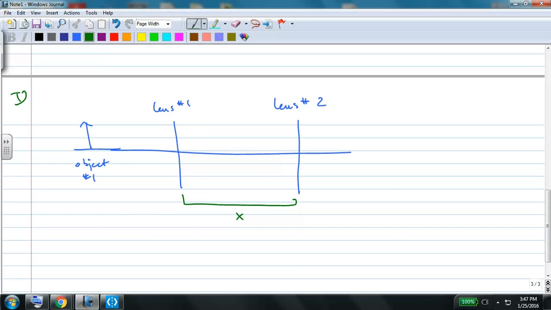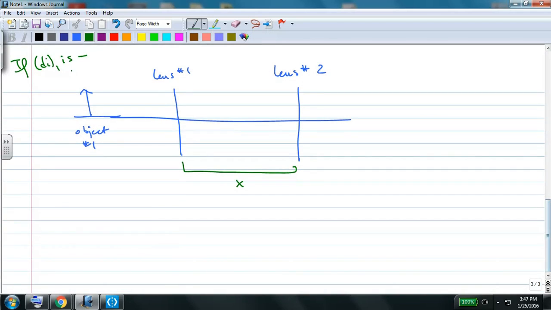So I'm going to just say if DI1 is negative. And we're going to do this using number 2. Okay? Because I just think it's a little bit easier with an example. So a diverging lens lies 50 centimeters to the left. Here we go.